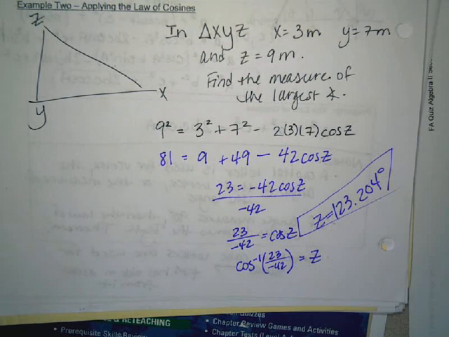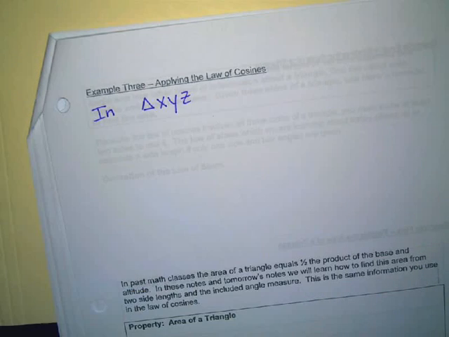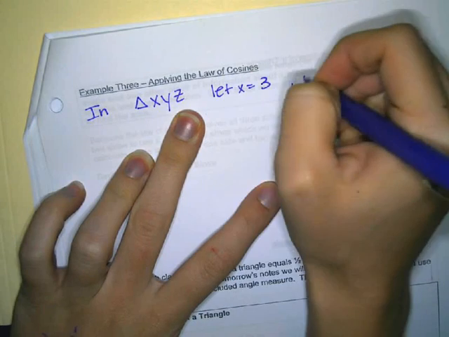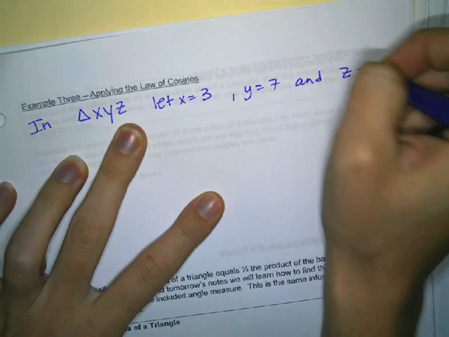And then we're going to do one more. Example 3. This one I want you to do all on your own, and then we'll check it together. Okay, in triangle XYZ, you're going to let x equals 3, y equals 7, and z equal 11.